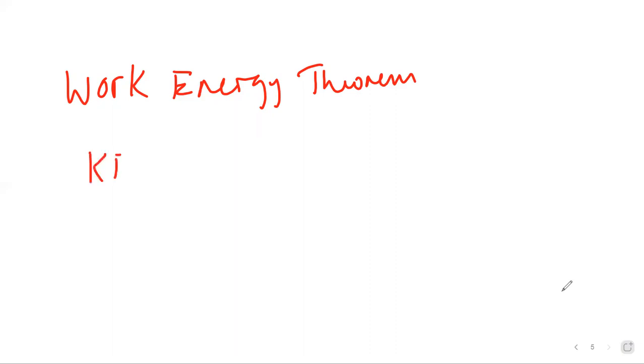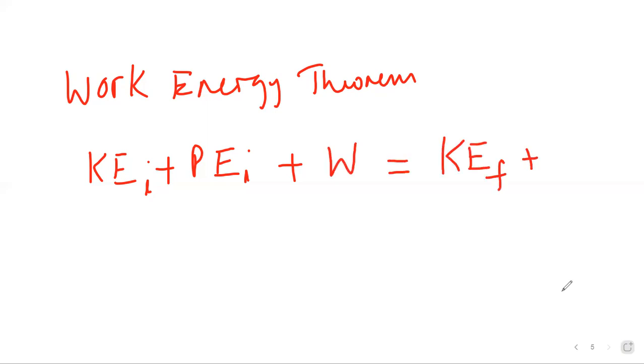So I'll read this: KE plus PE initial, plus whatever work done that could generate different forms of energy like heat, light, or whatever, the work done by a non-conservative force, will equal KE final plus PE final.